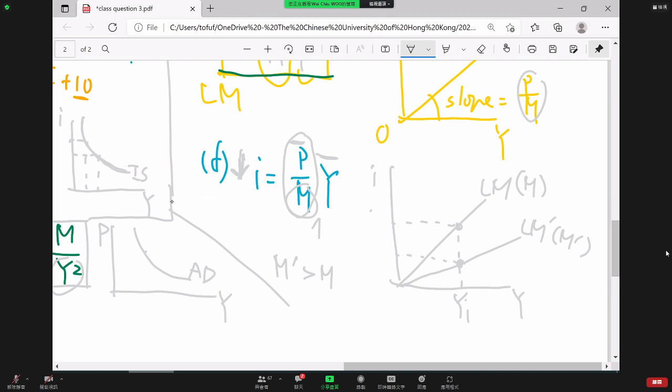So LM is to shift down, but it is not a parallel shift. Don't think that shifting must be a parallel shift. Shifting could be a non-parallel shift, like what this present case is about. So it is shifting down in a non-parallel manner, involving the slope also changing. Okay.